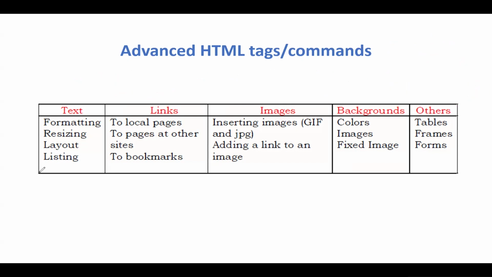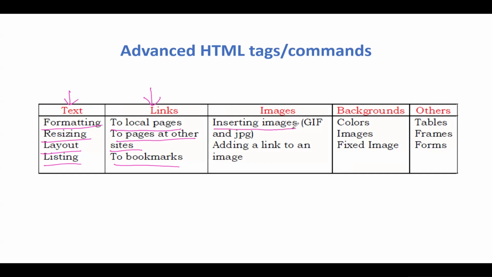So let us start with our advanced HTML tags. Advanced HTML tags can be for text. Text can involve formatting, resizing, layout of the text, and listing of the texts. Apart from text, we can use the tags for links. Links can be to local pages within your system, pages at other sites, or you can also bookmark using these tags.